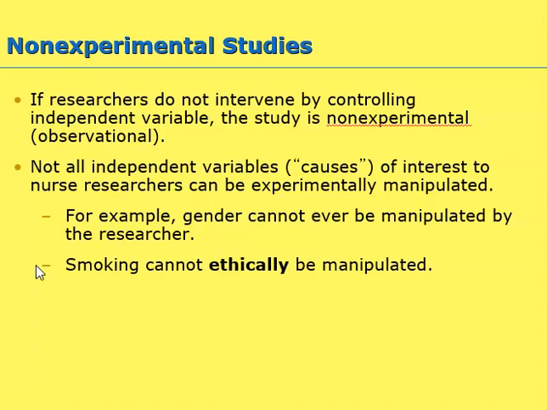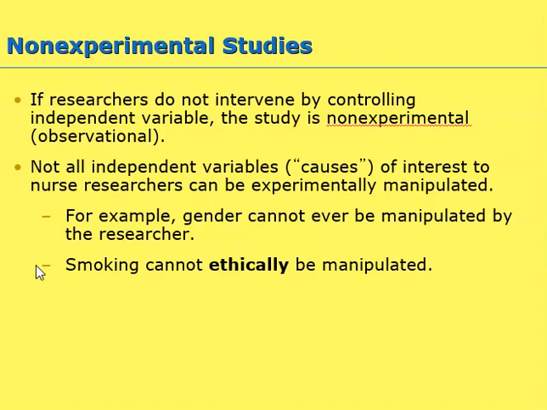They're not trying to infer cause and effect relationships between variables. Sometimes they do, but not all research is meant for causal relationships. Sometimes we're just trying to describe something, figure out prevalences of different kinds of conditions, or those types of things.